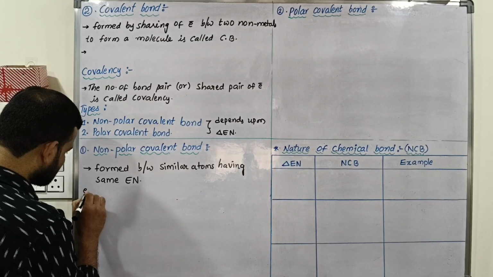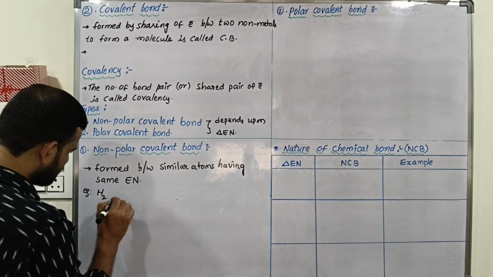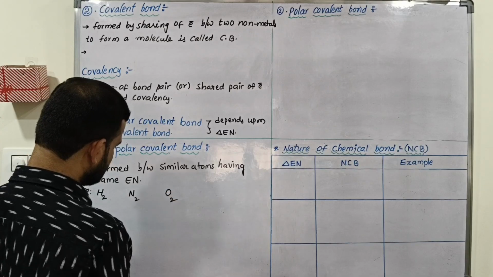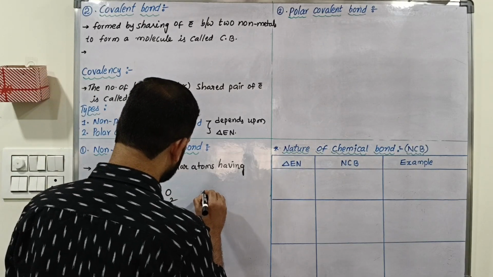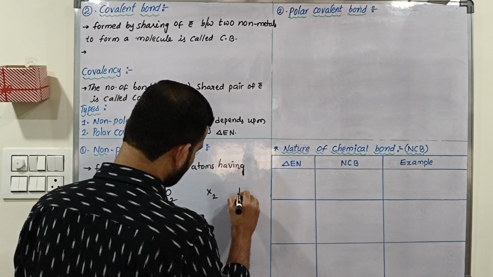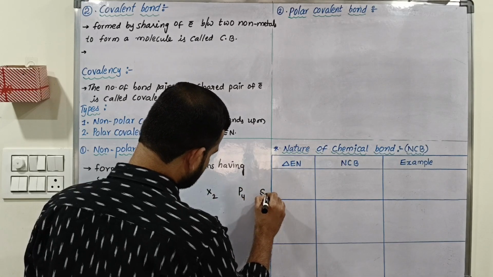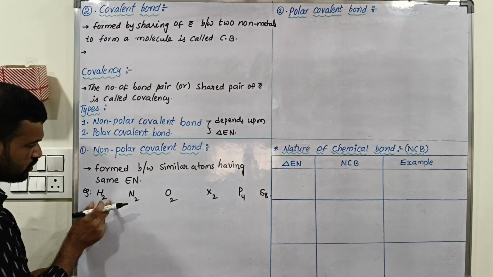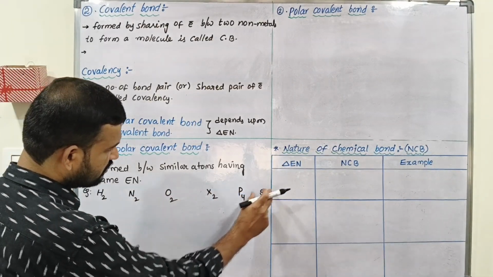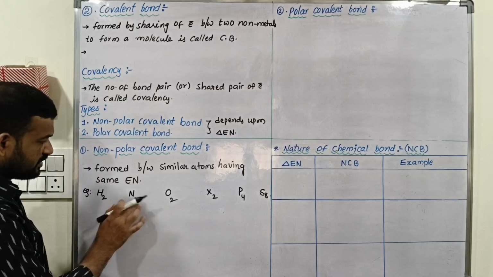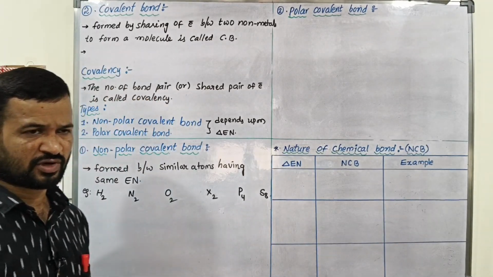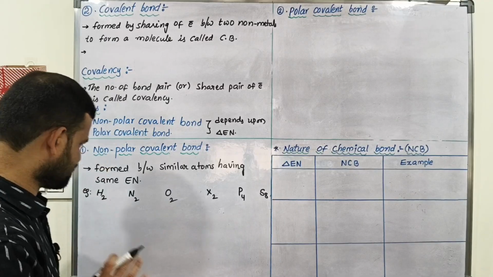Examples: H2, N2, O2, and halogens X2, P4, S8, etc. These are called homoatomic molecules. Homoatomic molecule means made up of the same kind of atoms.